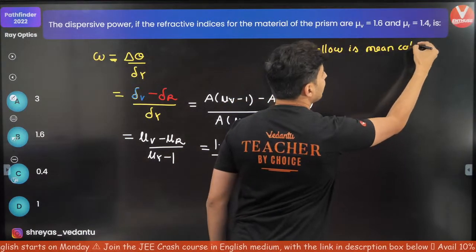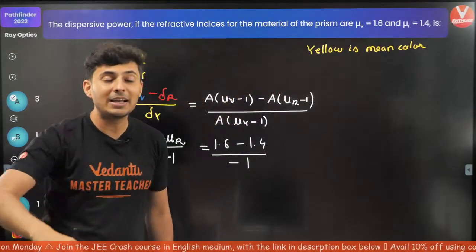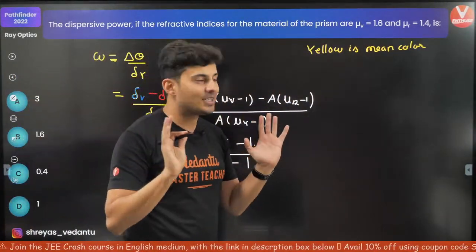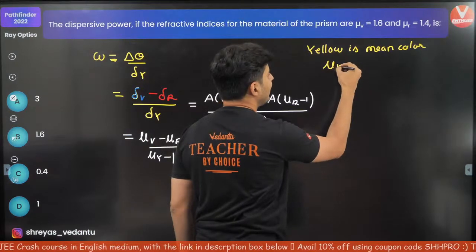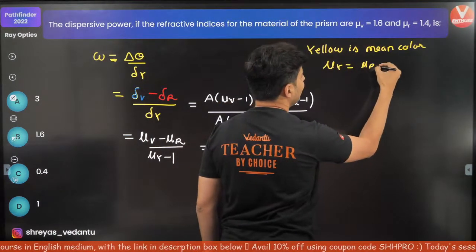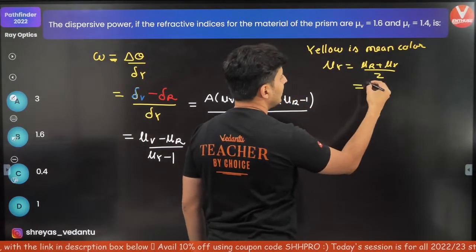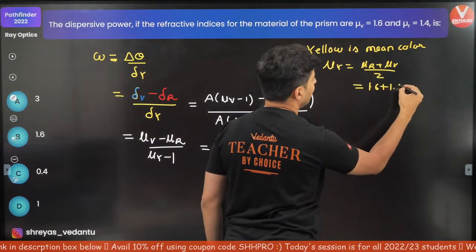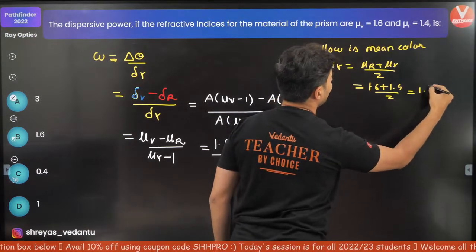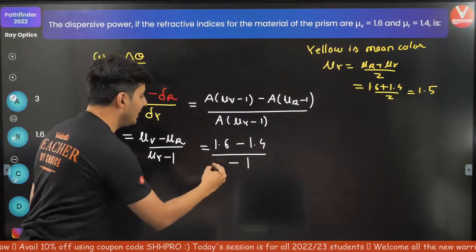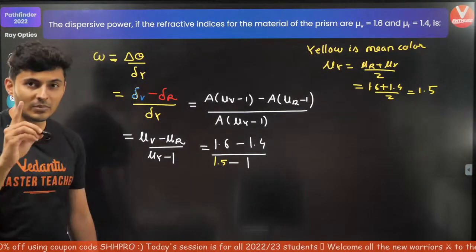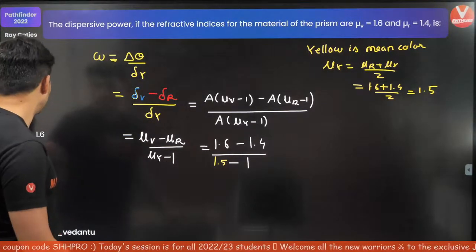If it is the mean color, everything is average. So the refractive index of yellow is the refractive index of red plus the refractive index of violet divided by 2. So it will be 1.6 plus 1.4 divided by 2, which is 1.5. So that 1.5 will come over here. Got it? So it's the average color. That's how you get it.